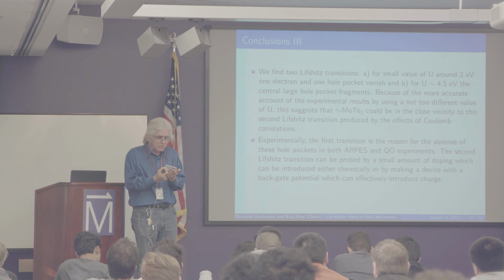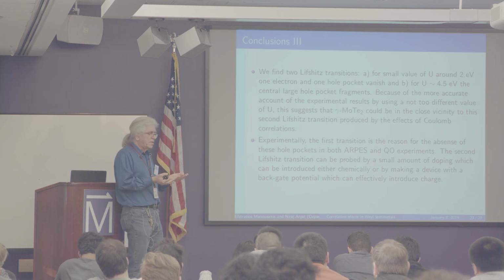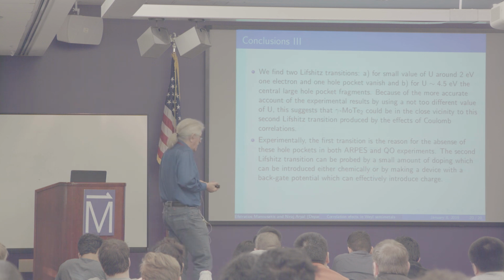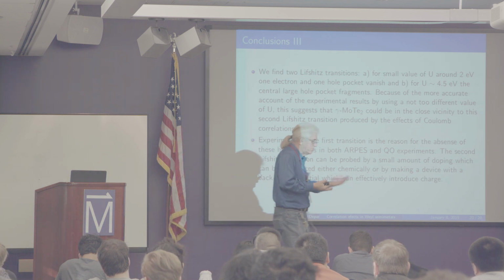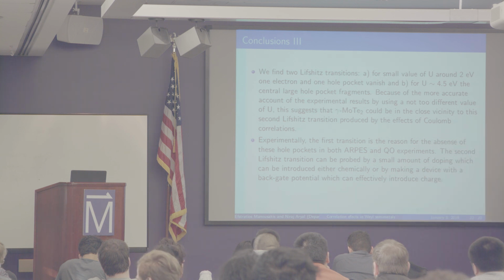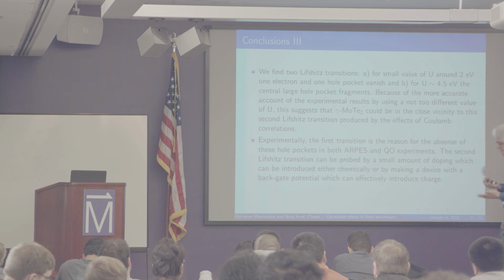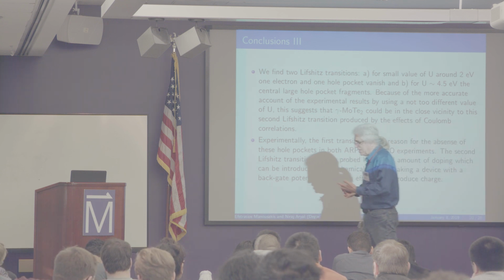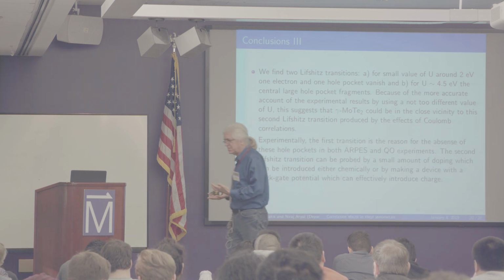And they may be close enough that they could be responsible for the giant magnetoresistance, because if you put a magnetic field, you are influencing the levels of these states through Zeeman coupling, and as a result, you change the carriers. You change the Fermi surface by magnetic fields.